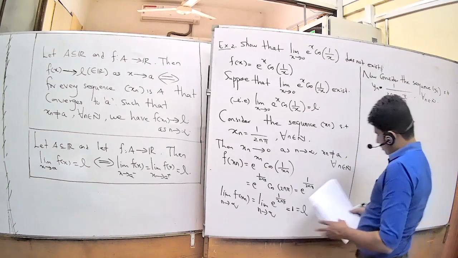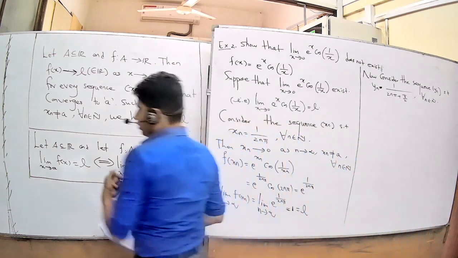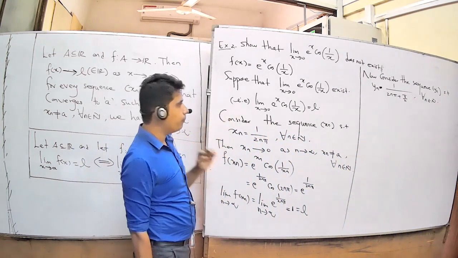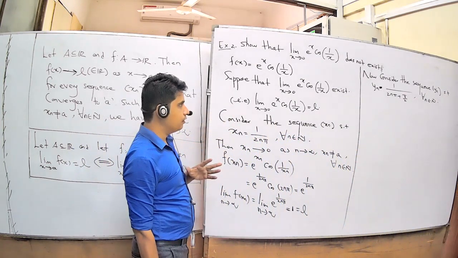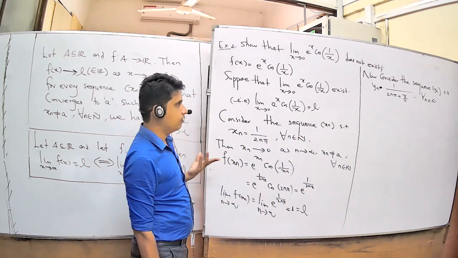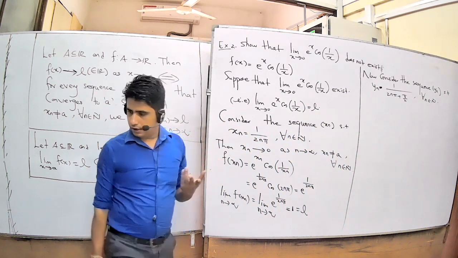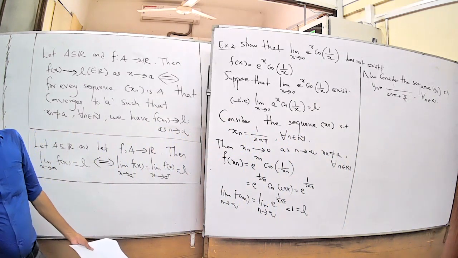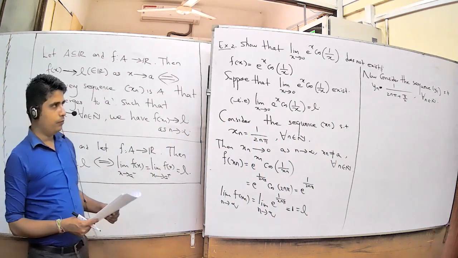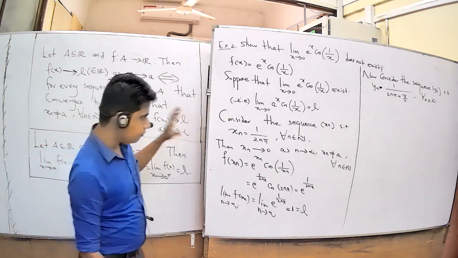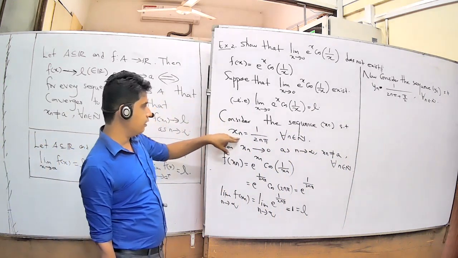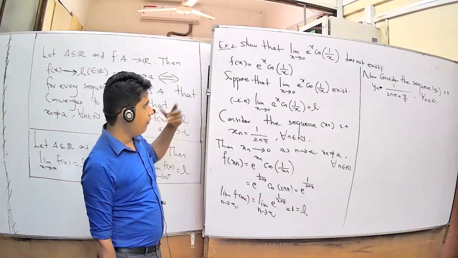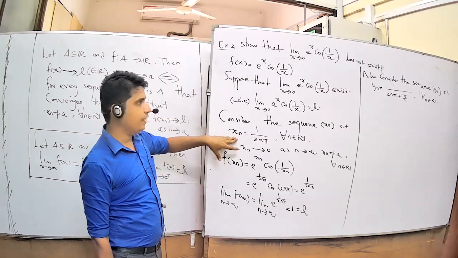In the previous problems and in this problem also we choose this, both are the same, but in general we can take any sequence. For both questions we take this sequence, but it is not a unique way.